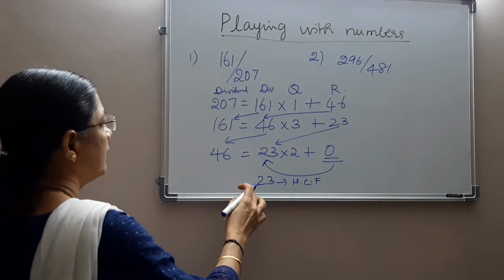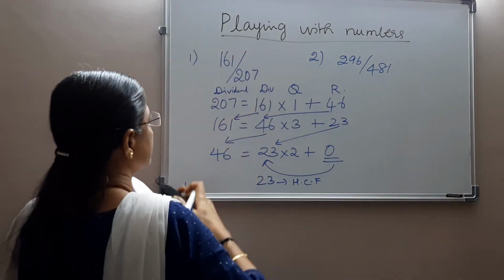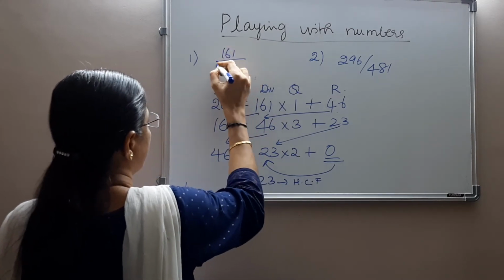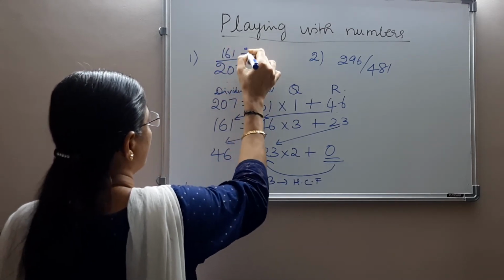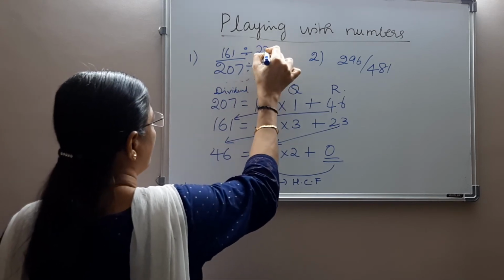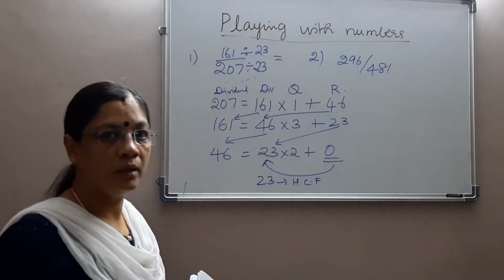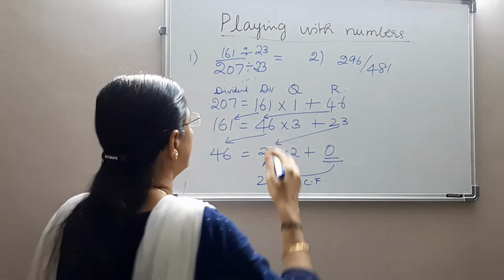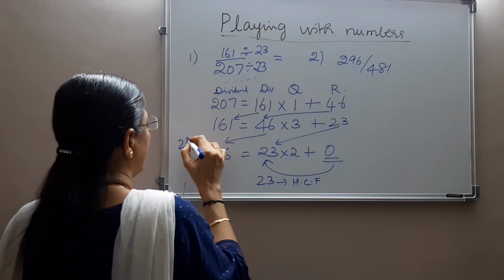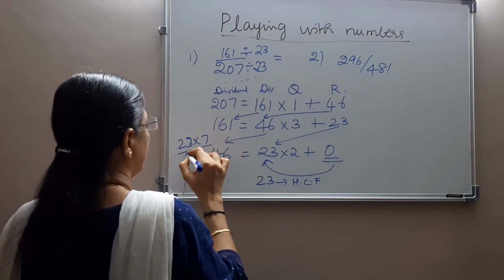Now after finding HCF, just take 161 divided by 207. Both numerator and denominator have to be divided by 23 because that is the HCF, isn't it? So dividing it by 23, 23 into 7 will give you 161.